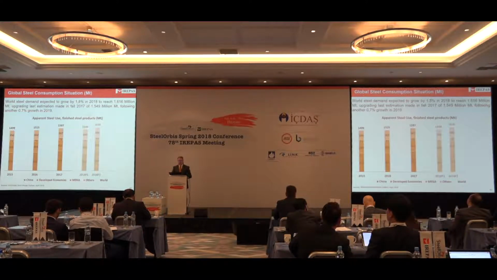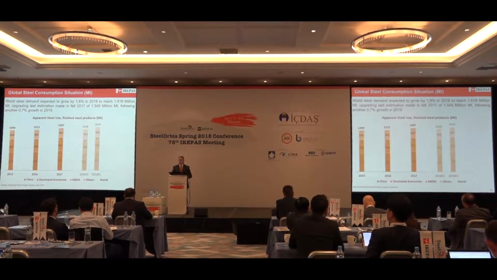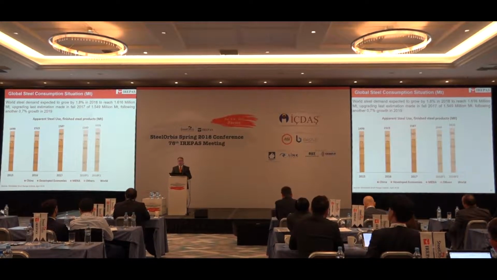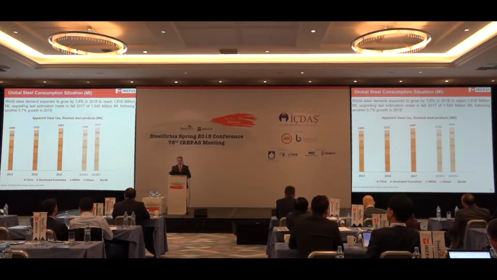Last year, World Steel thought that Chinese consumption was going to slightly decrease during this year, reaching a figure of 676 million tons. But at the end, they have upgraded this forecast, and now they are thinking that the Chinese consumption of steel products will be around 737 million tons, the same figure that they had last year.